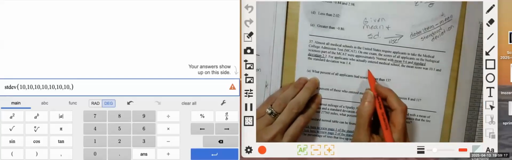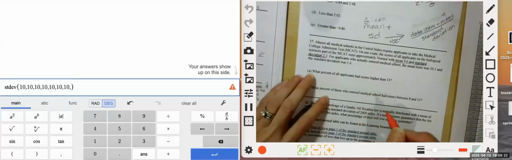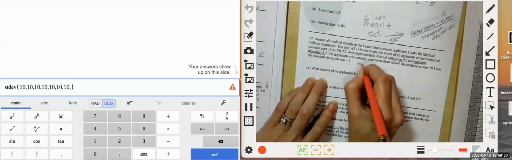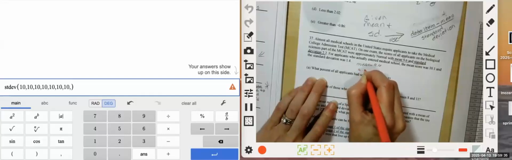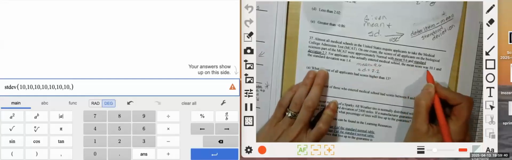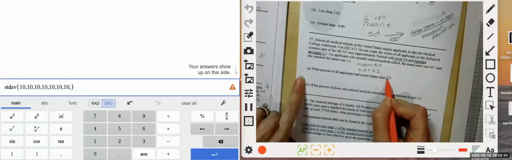So here, let me just write it out. Our mean equals 9.6. Standard deviation equals 2.2. That's for this first part. We're using data item minus the mean. We're looking for higher than 13.